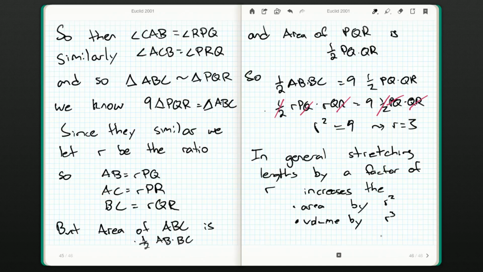If there were 4-dimensional volume, it would be by R to the 4th. This is just a general fact. Okay.